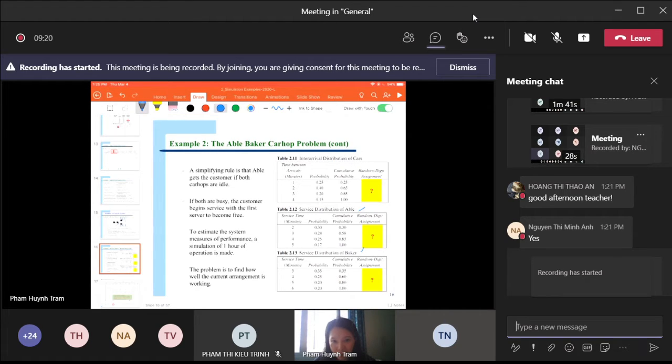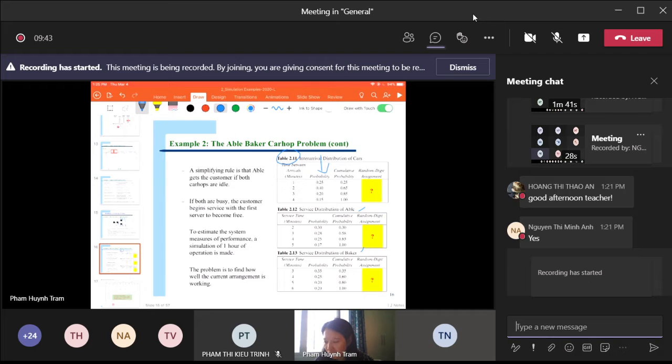Let's see if you still remember our technique from last time. Let's look at the inter-arrival time of the car in table 2.11. These are the probability distribution of the inter-arrival time.